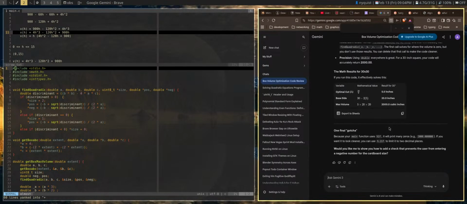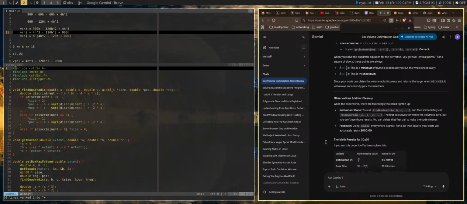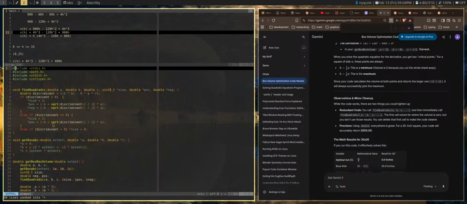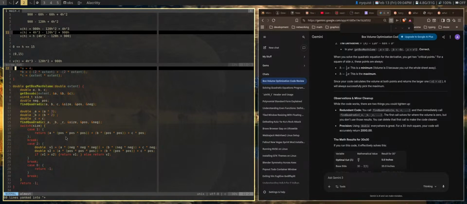Okay, it's offering cleanups because of your main function. Oh, okay. Well, I don't need to do that, but I think I got it. I think I figured it out with a little bit of help from AI, a little bit.